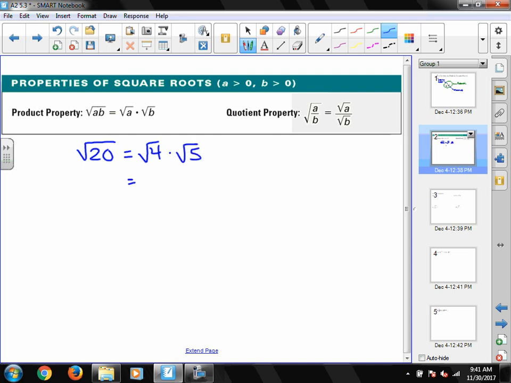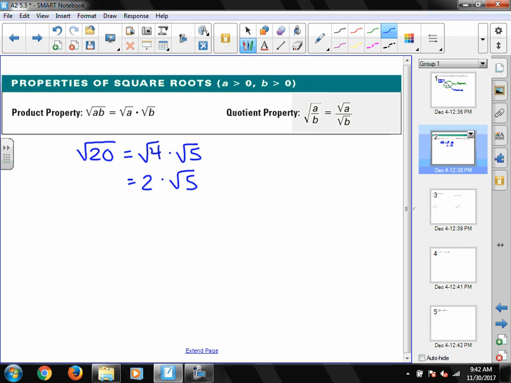And the reason I picked 4 and 5 is 4 is a perfect square, so the square root of 4 is 2 times the square root of 5. So just an example for you. That's kind of how we would use that, helping us simplify those radicals a little bit.